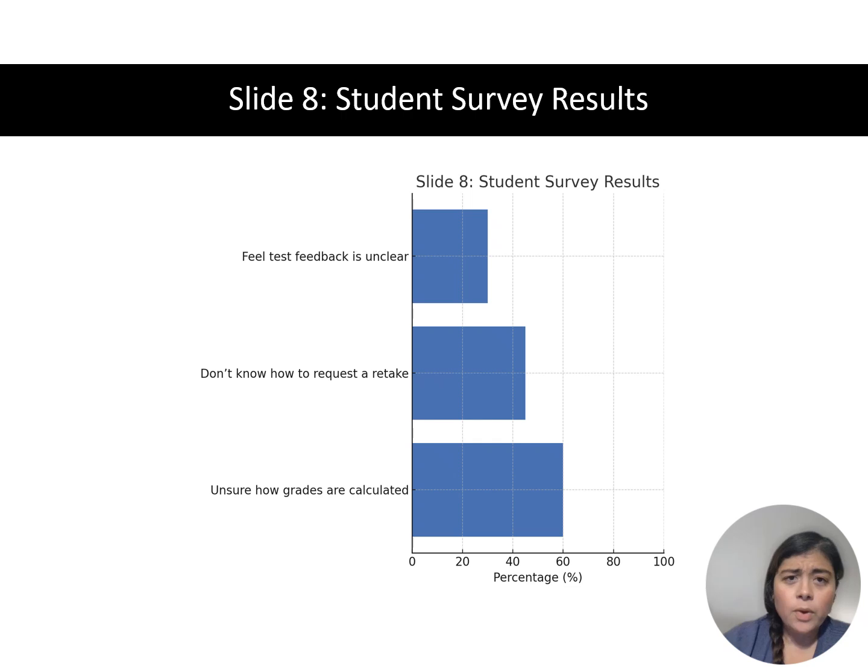So while this was a hypothetical survey, I tried to make the responses reflect trends that I have actually observed, especially in my days as a teacher. Many students were really unsure about how their grade was calculated, and then even fewer students knew how to request a retake, or that there could be retakes.